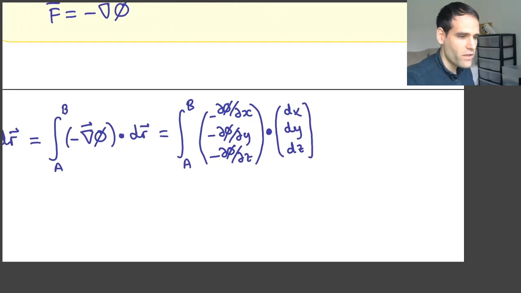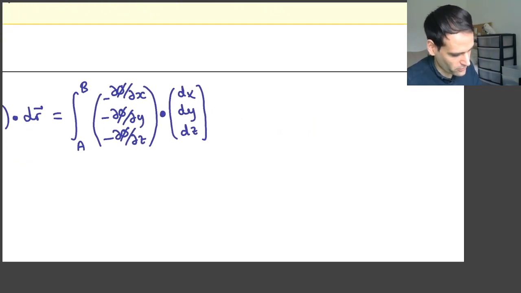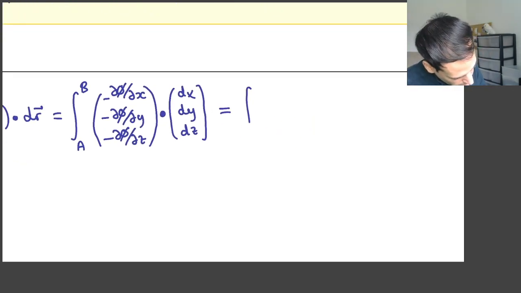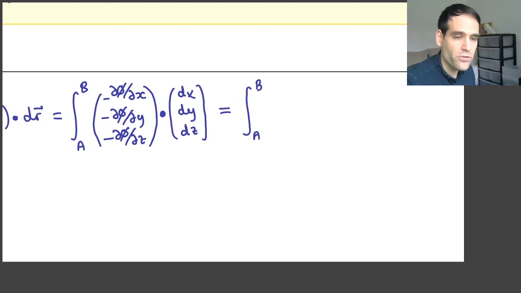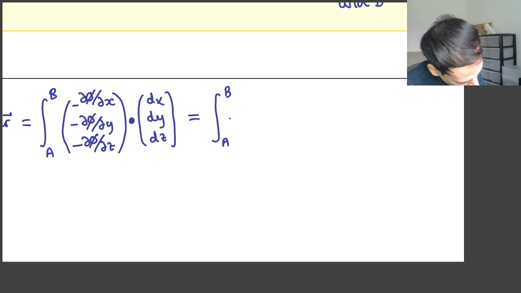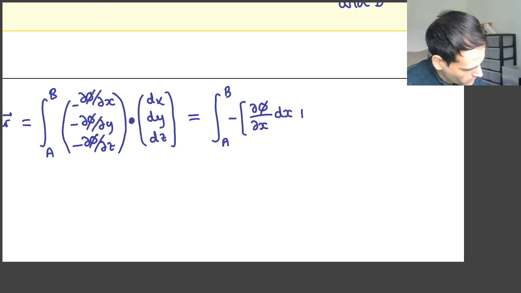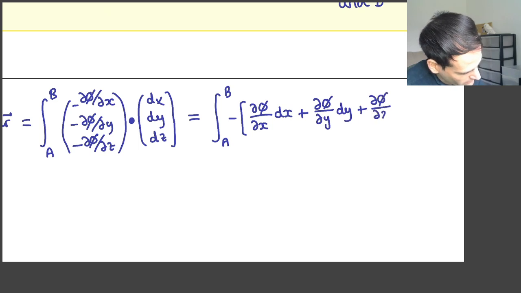So now you carry out the dot product, and you get the integral from a to b of this dot product. It's very easy to do. You get a minus over all, and you get partial of phi with respect to x times dx plus partial of phi with respect to y times dy plus the partial of phi with respect to z times dz.